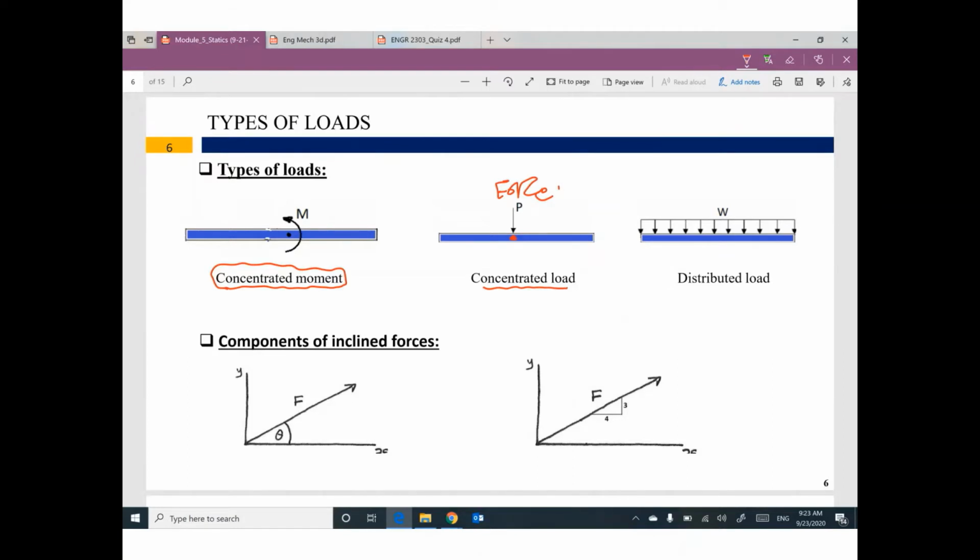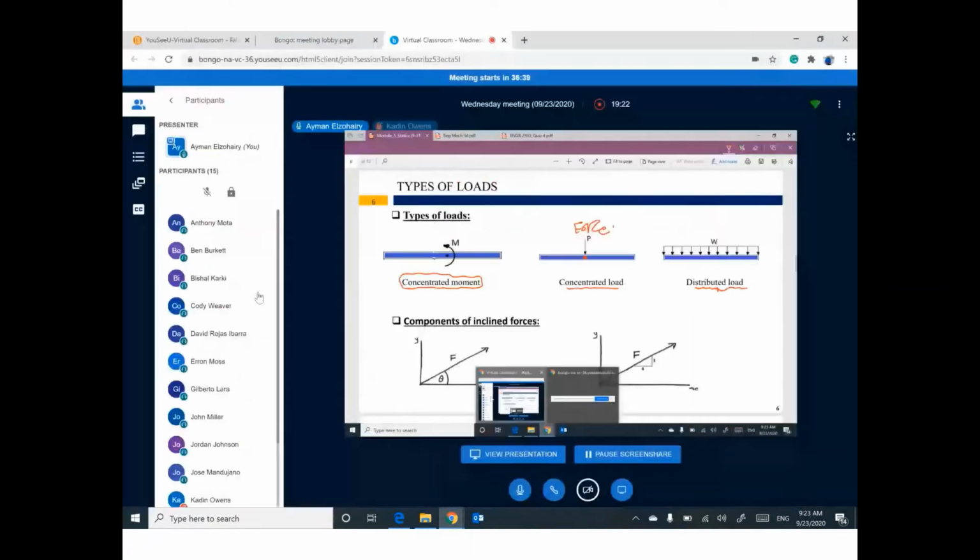We have something new today, which is called a distributed load.